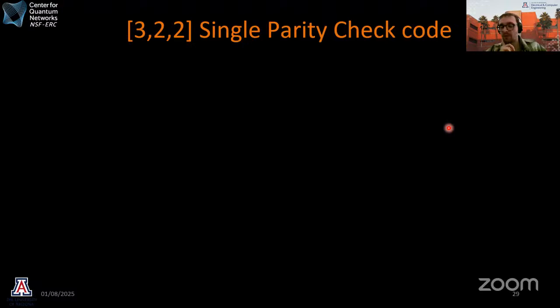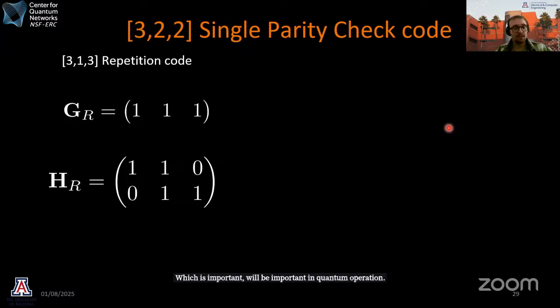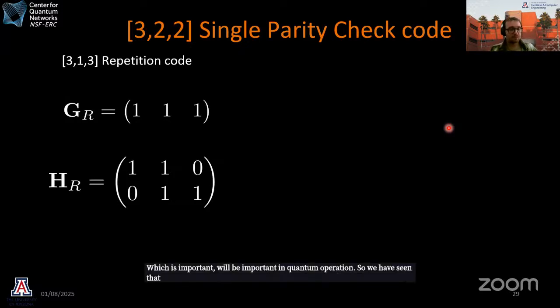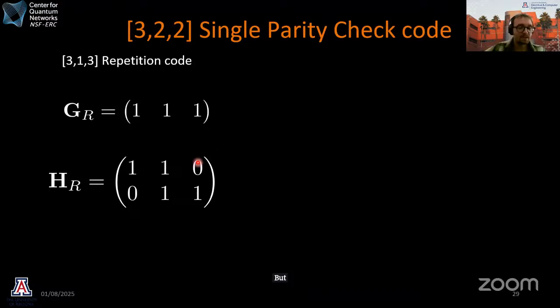So before moving to LDPC codes, let me introduce the concept of dual codes, which will be important in quantum error correction. We have seen that a repetition code can be represented using a generator matrix and a parity check matrix. But what happens if I now want to define a code where this is my generator matrix?